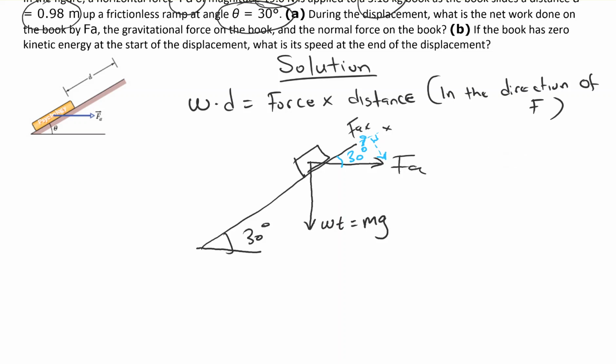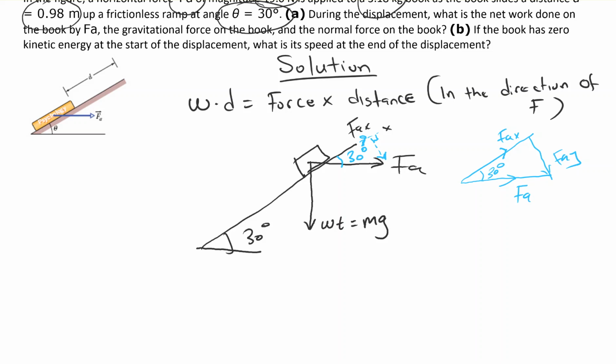Now, if I bring out that triangle formed by the plane, FAX, the perpendicular component, which we would call FAY, and FA itself, this is 30 degrees, this is FA.